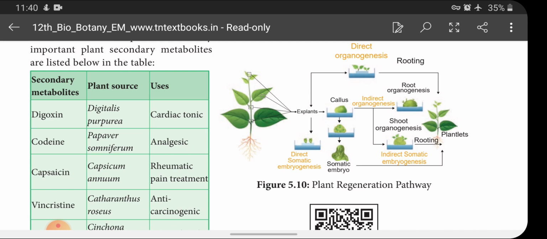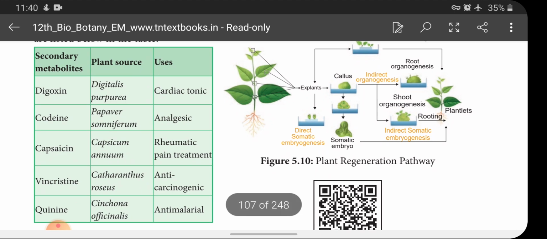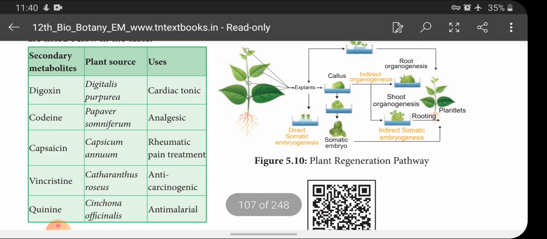Digoxin. The plant source for digoxin is Digitalis purpurea and its use is as a cardiac tonic. Then codeine, from Papaver somniferum, used as an analgesic. Then capsaicin, obtained from Capsicum annuum, used for rheumatic pain treatment.